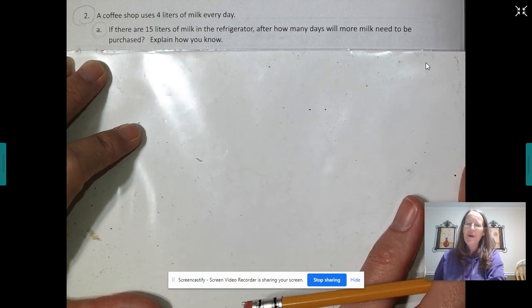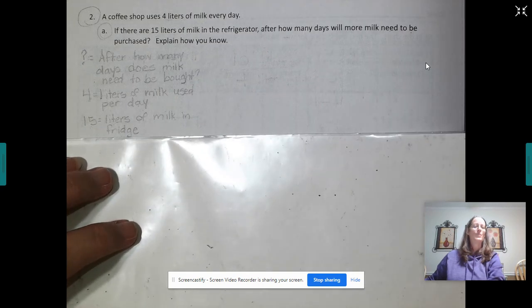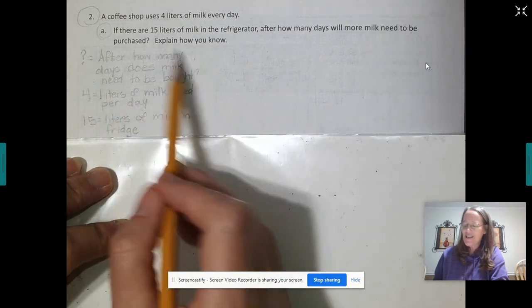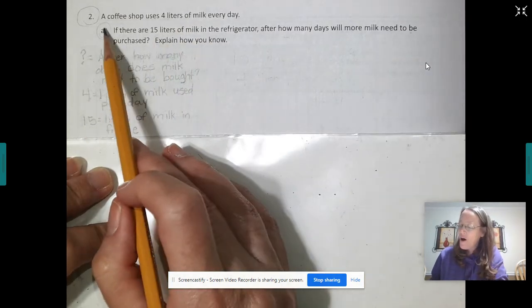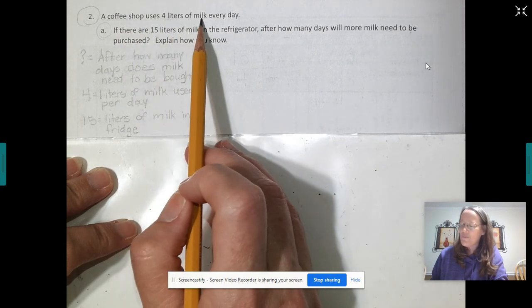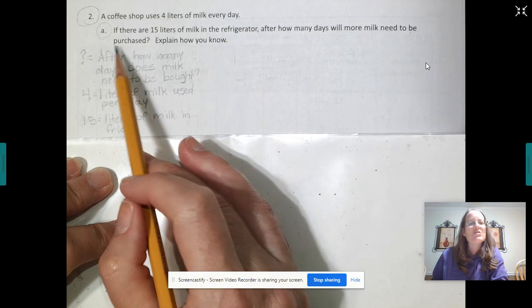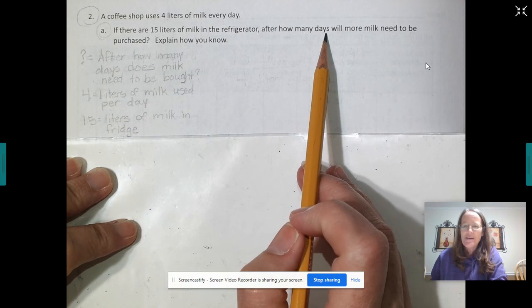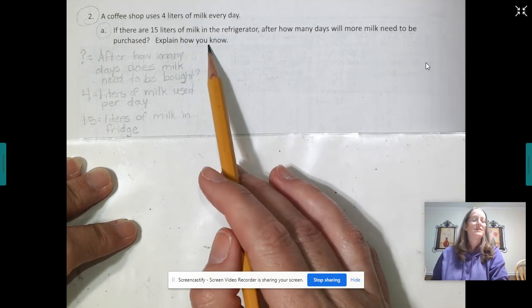Okay? Here we go. I have already done some pre-work for you. I have already figured out what the question is asking, what the numbers represent. So, here we go. A coffee shop uses 4 liters of milk every day. If there are 15 liters of milk in the refrigerator, after how many days will more milk need to be purchased?